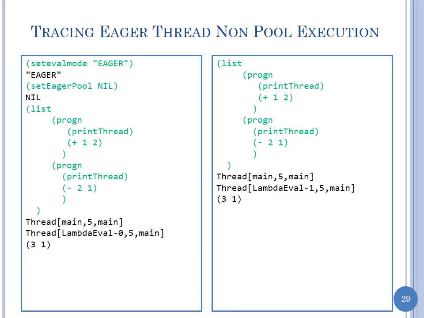The other one is done by a new thread created, which we are calling lambda 0. Then again, the second time, the main thread executes the first expression. It creates yet another thread, which is lambda eval 1, to do the next one. So this is the non-thread pool.